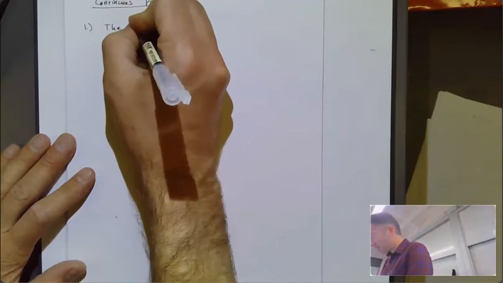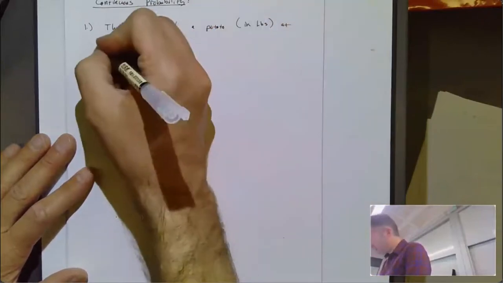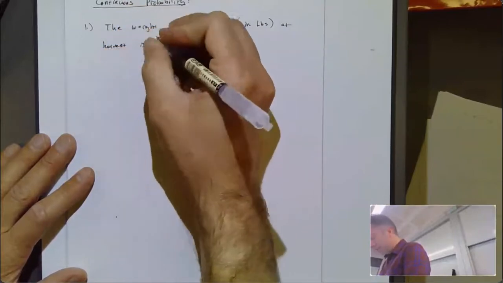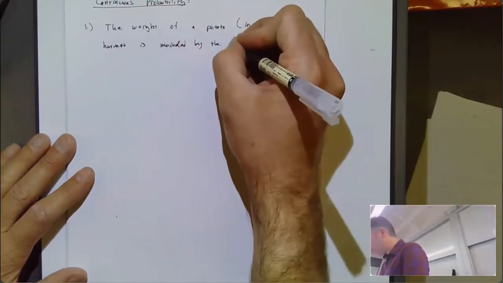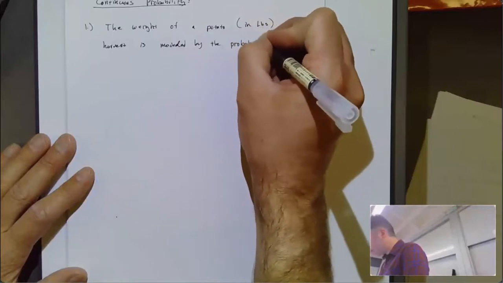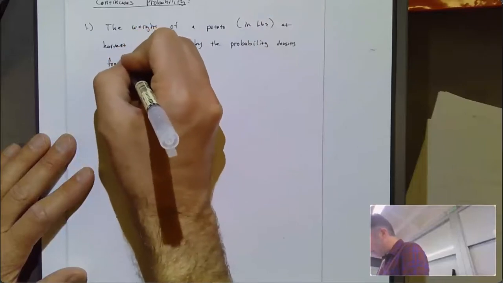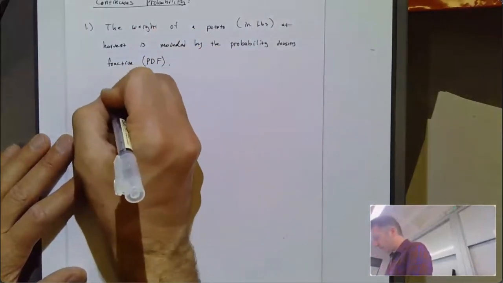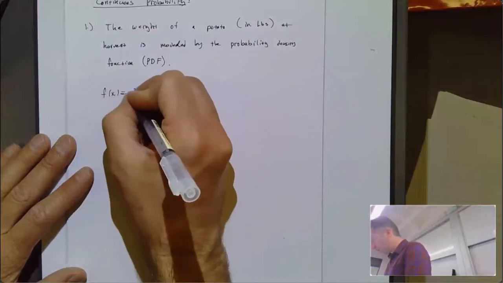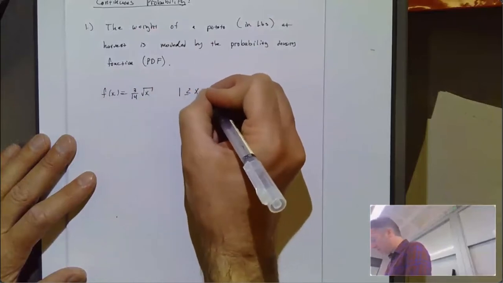Let's talk about the weight of a potato in pounds at harvest, which is modeled by the following probability density function, which we often abbreviate as PDF. So here's the function: f of x equals 3/14 times the square root of x, where x is between 1 and 4.